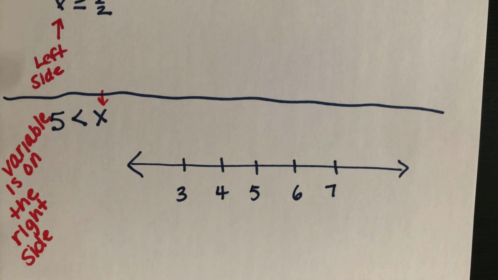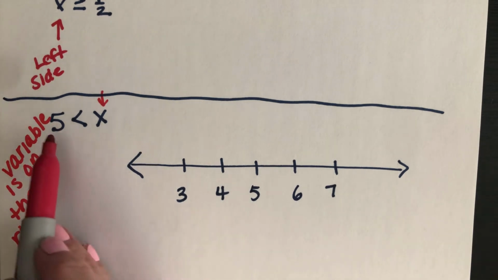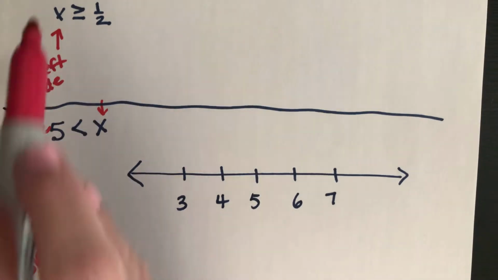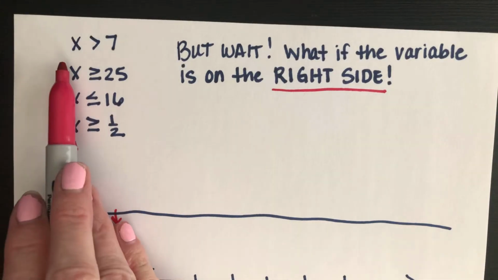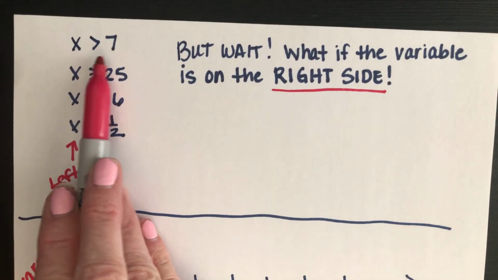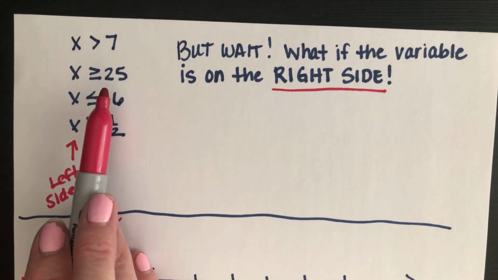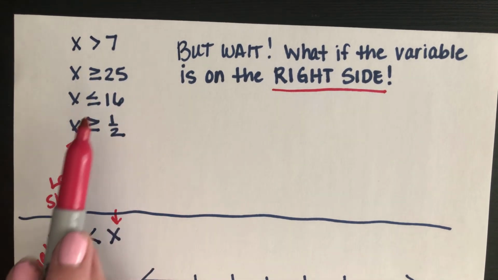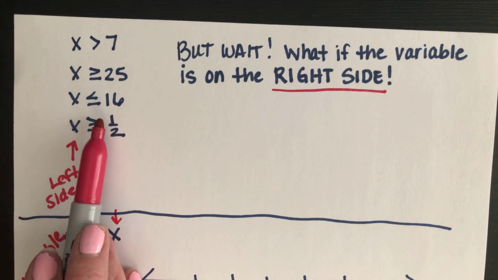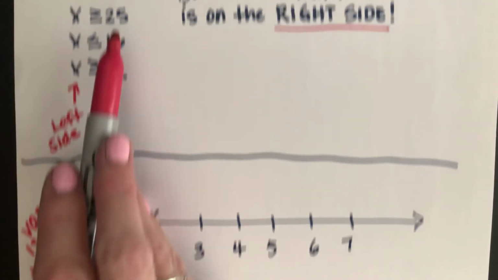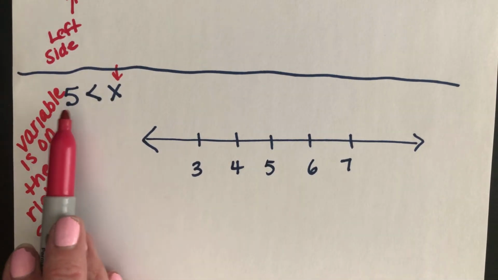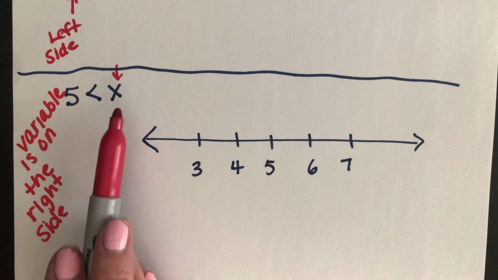So when I read this, if I were to read this from left to right, because up here I started saying x is greater than 7, x is greater than or equal to 25, x is less than or equal to 16. But down here I'm going to say 5 is less than x.